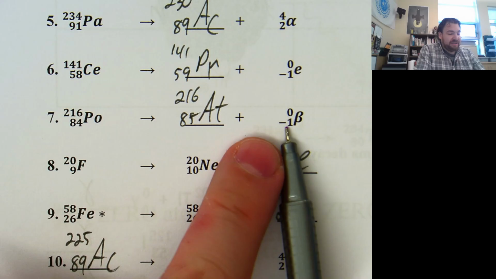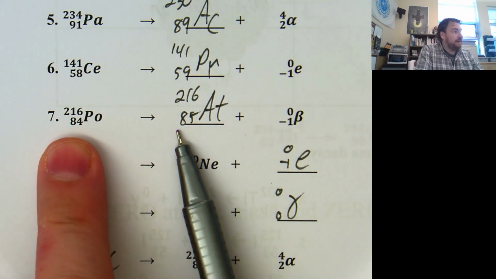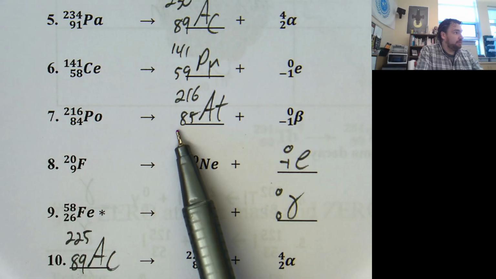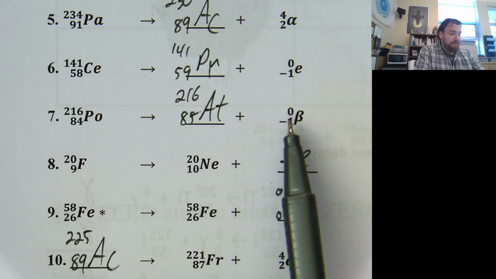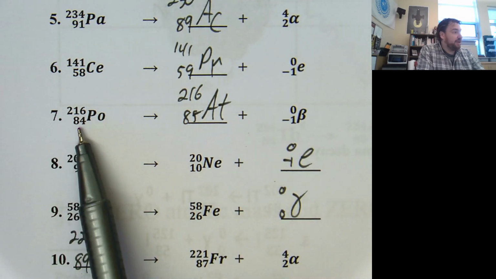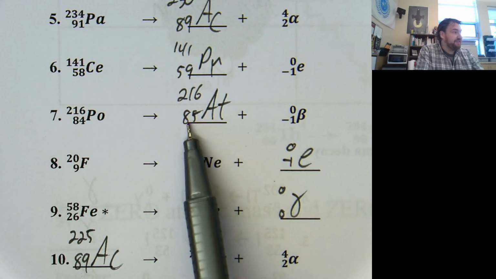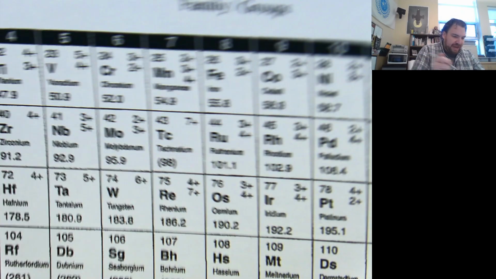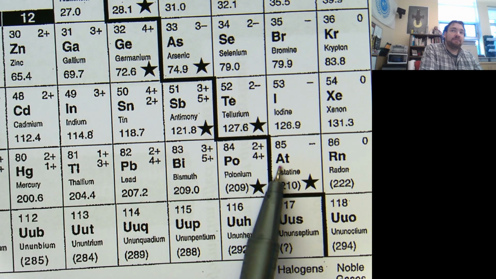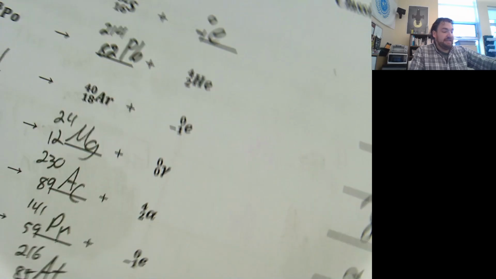So what plus -1 is going to give you 84? That's the 85. 85 plus -1 is where the 84 is going to come from. So then you have 216 and 85, and once you figured out that this is 85, you flip to the periodic table and say, okay, cool, what is 85? 85 is astatine. So then At is the symbol that goes next to it. Start with the decay particle.